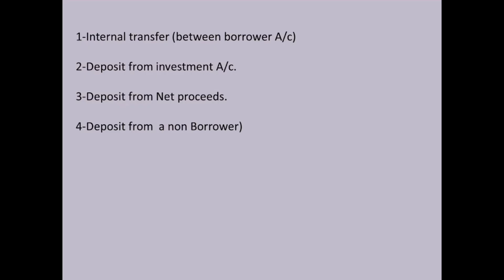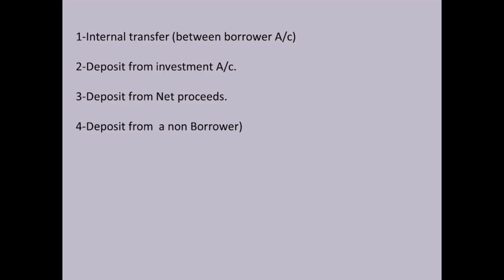Okay. Deposit from a non-borrower. If you see a deposit coming from a non-borrower, it means the person is not on the loan, he is a third party person and there is no link with the loan. So in that case you are able to identify the person is not a borrower.